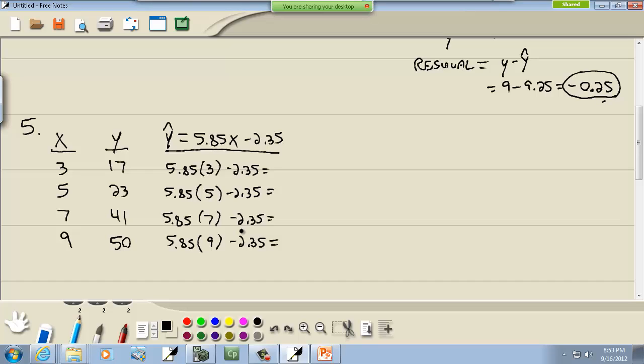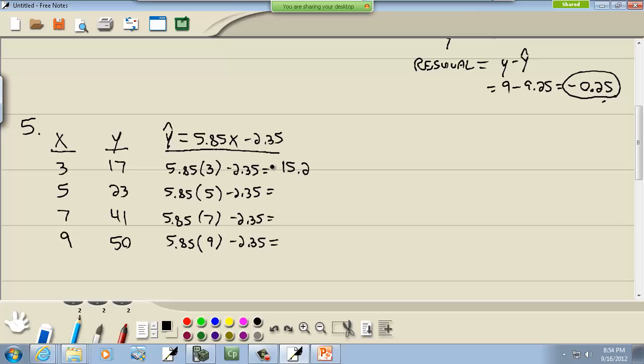Let's see what we get. 5.85 times 3 minus 2.35, I get 15.2.